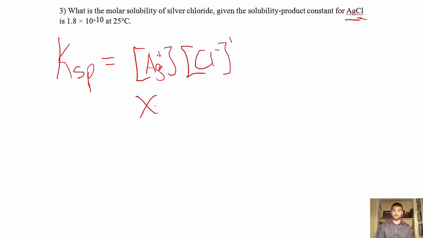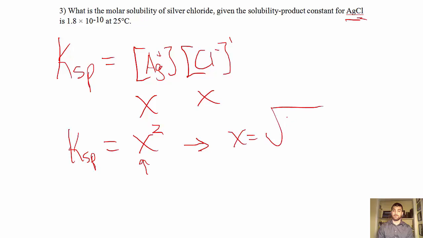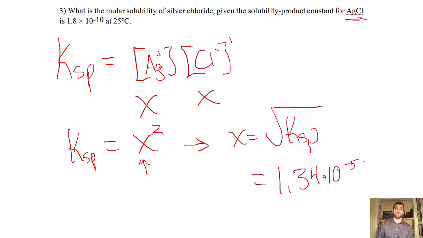There's some value, x. Concentration of Ag plus is going to equal the concentration of Cl minus, so we get KSP equals x squared, x being the molar solubility. So if we want x, it equals the square root of KSP. So I plug that in, and I get 1.34 times 10 to the minus 5 as my molar solubility for silver chloride.